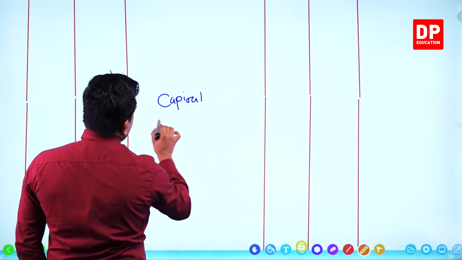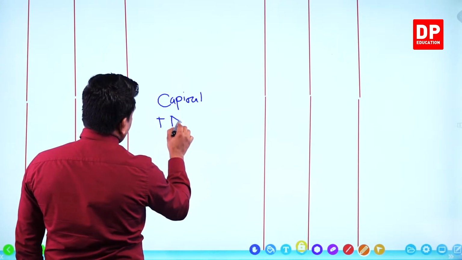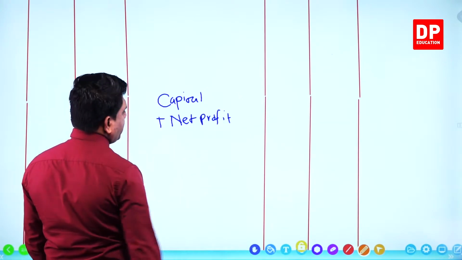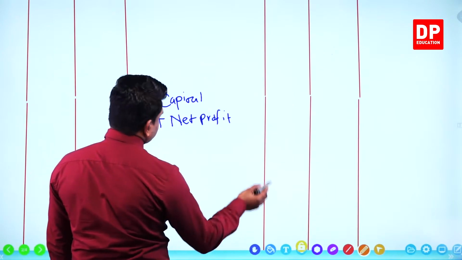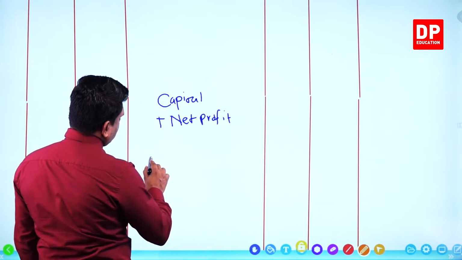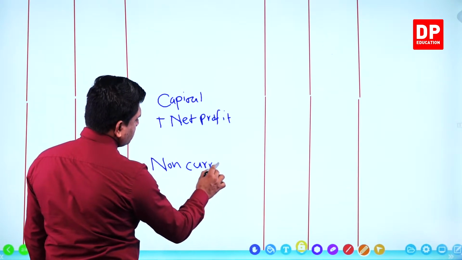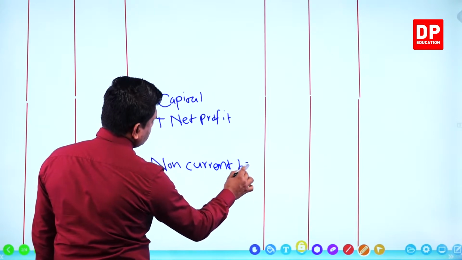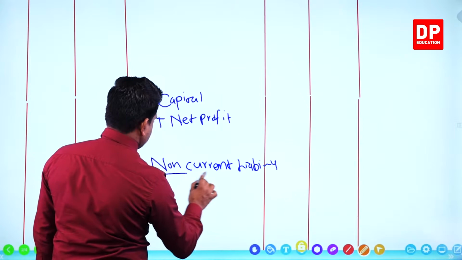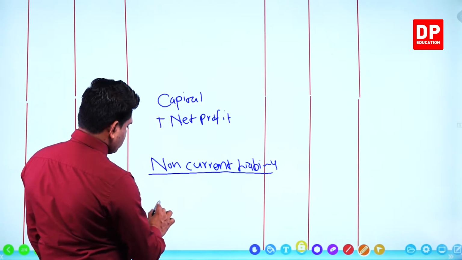Before the liability, we have to write net profit, right? Then non-current liability, after that current liability.